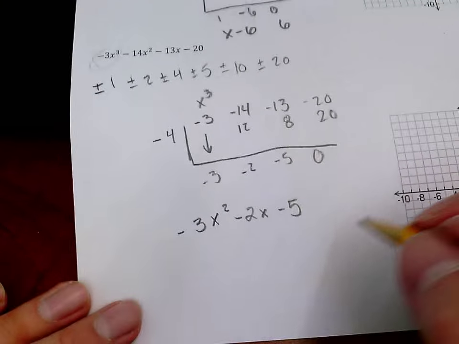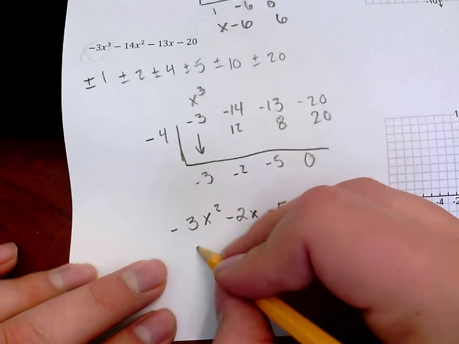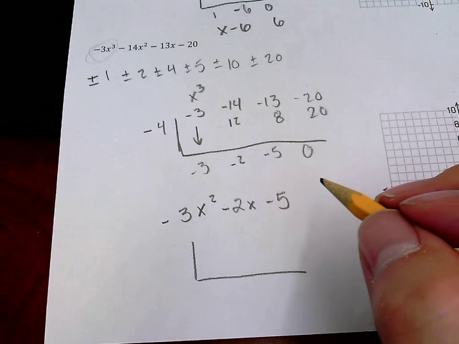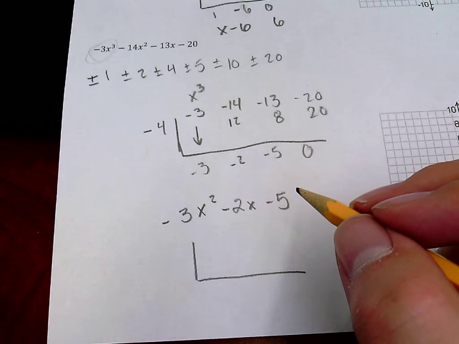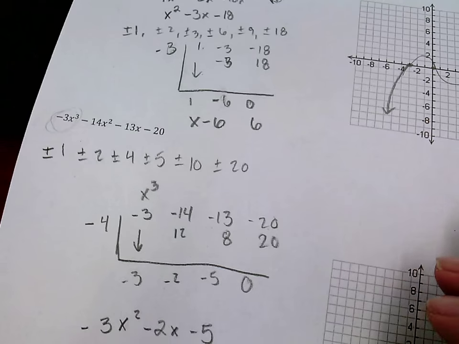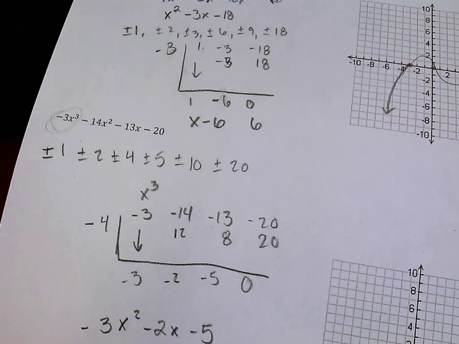Okay? Then I'm going to do this again, figure out what makes this 0, and I can tell you right now it's either going to be 1 or it's going to be 5. Sorry for the awkward pause again.